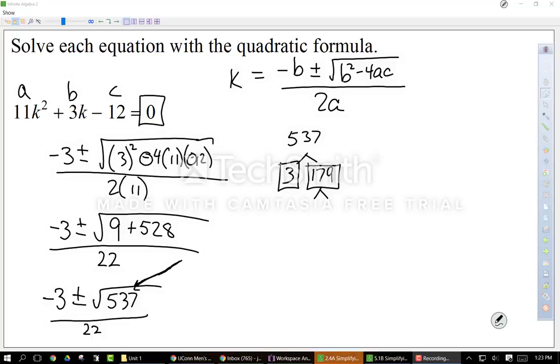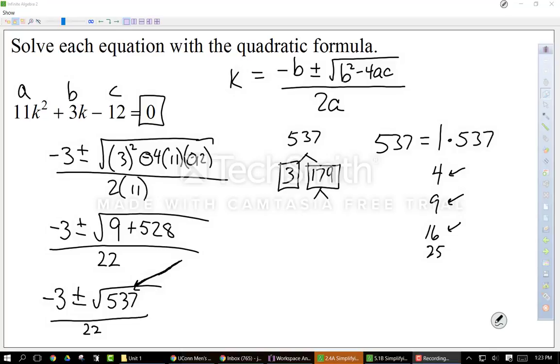For those of you that were in honors, we did it a different way. I took the 537 and I wanted to find out if a perfect square goes into it. So 1 times 537, that goes in. But the next one is 4. That doesn't work. The next one is 9. That doesn't work. The next one is 16.